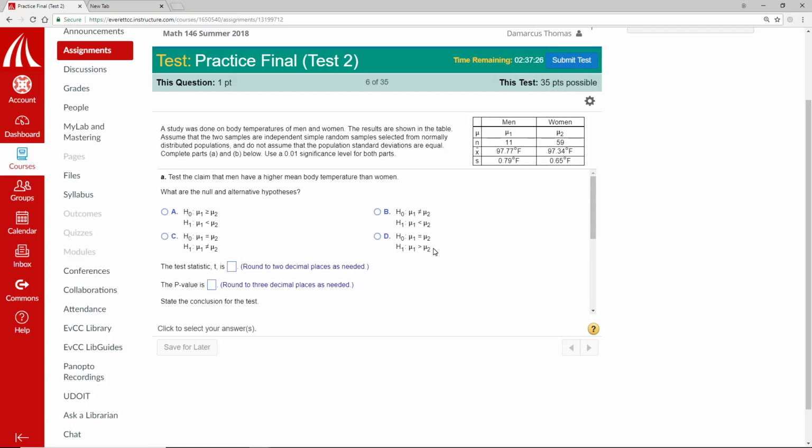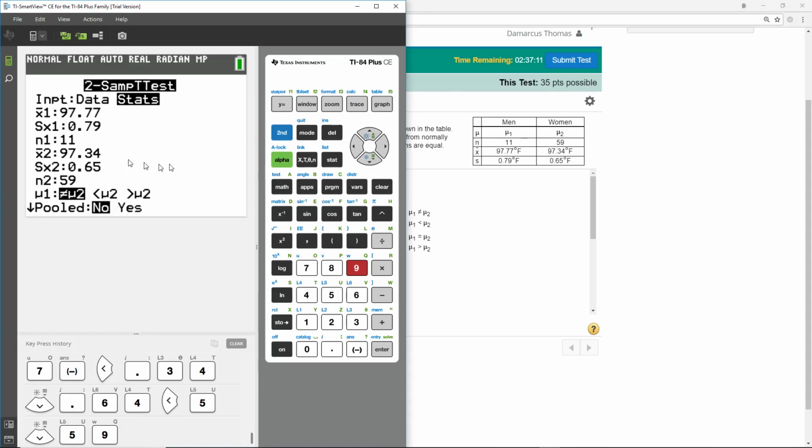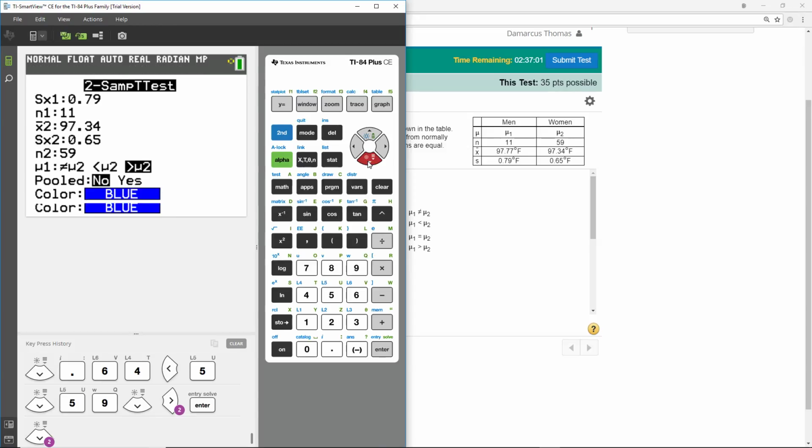Now we don't have the populations, so we're going to use samples, and this test is so powerful that the results imply the population. So we're definitely going to go with this one, and that means now I know how to set my population mean up. Our claim is that mu1 is bigger than mu2. It is not pooled, and we just calculate now.